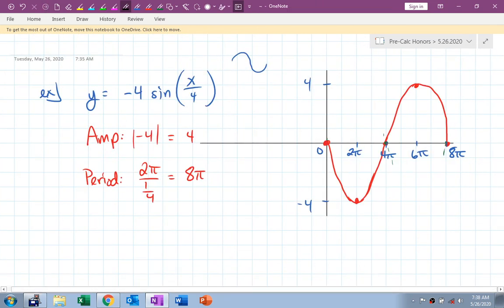So let's try another function. Let's do this one. I have so many different examples in my notes. Y equals negative cosine. Okay, so then that means instead of starting like that, I'm going to go the other way.